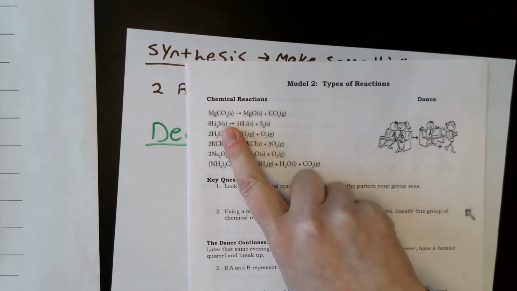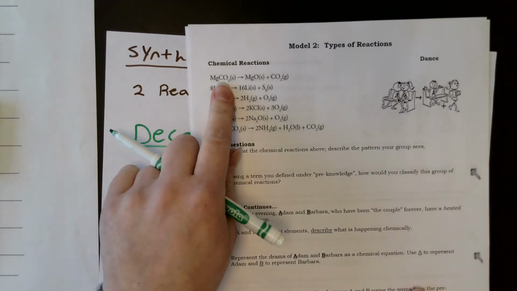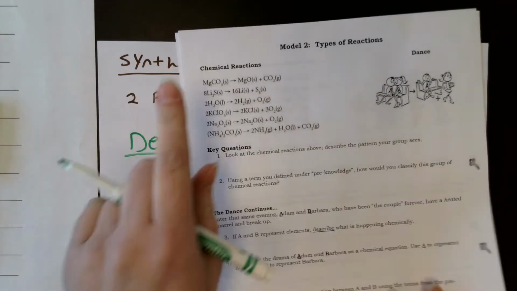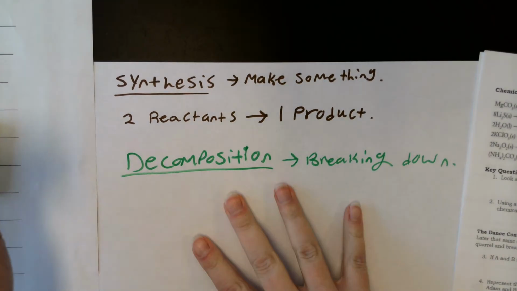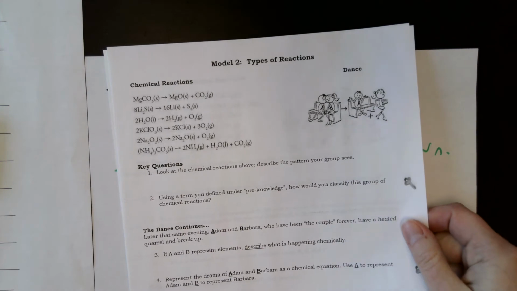You can see that we have chemical reactions that start as one thing and end up as two things. Okay? This would be decomposition.